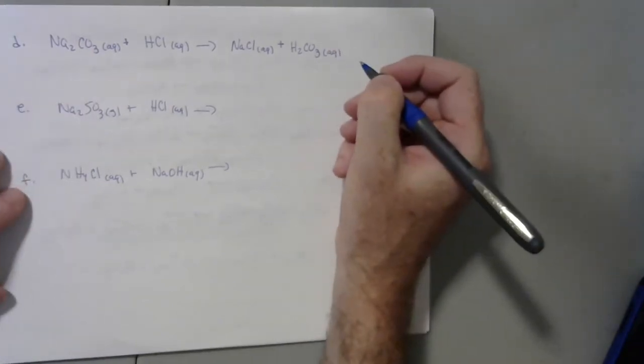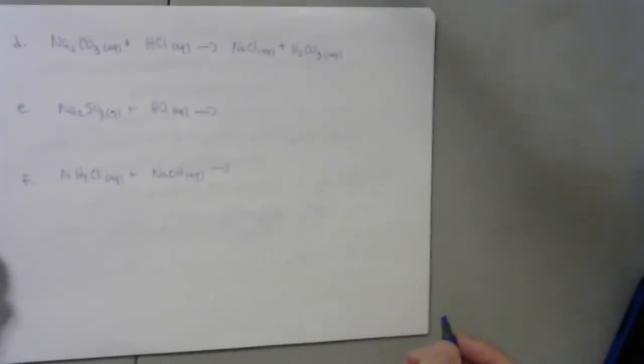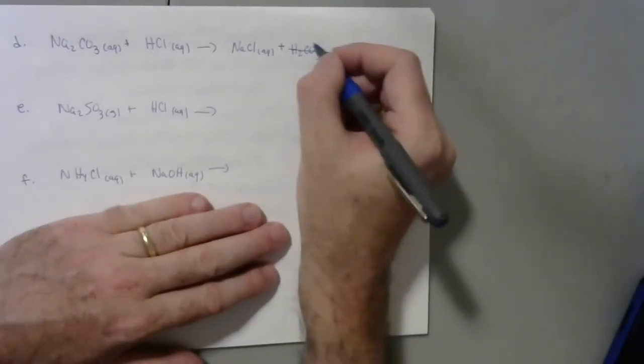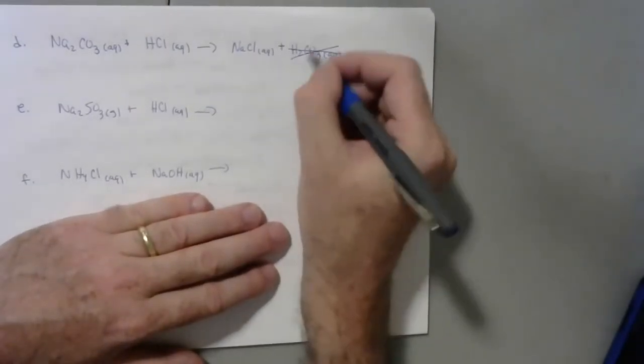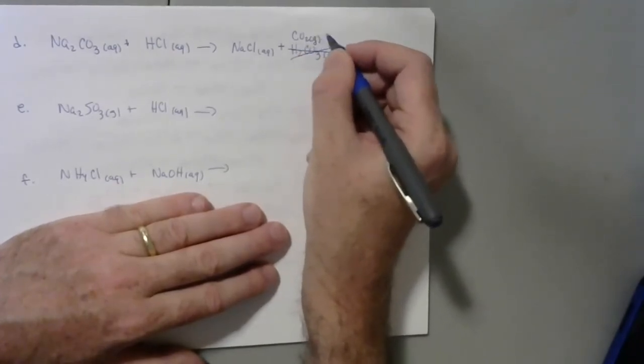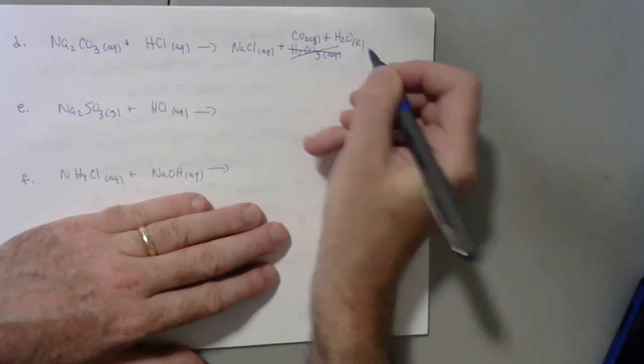Now, just like in the previous problem, that's not where you want to leave it. So we don't want to form that. What I want to form is CO2 gas plus H2O liquid.